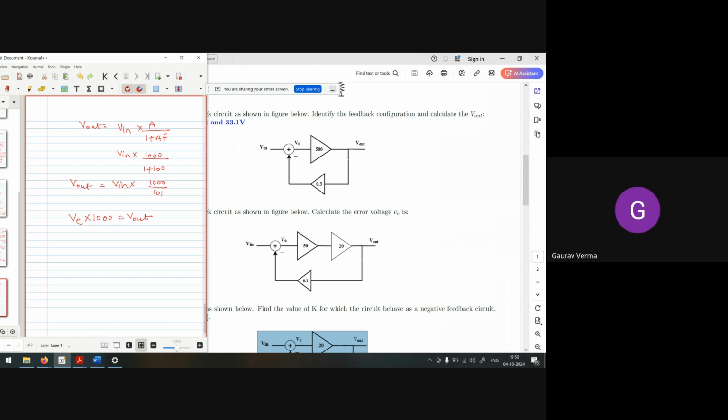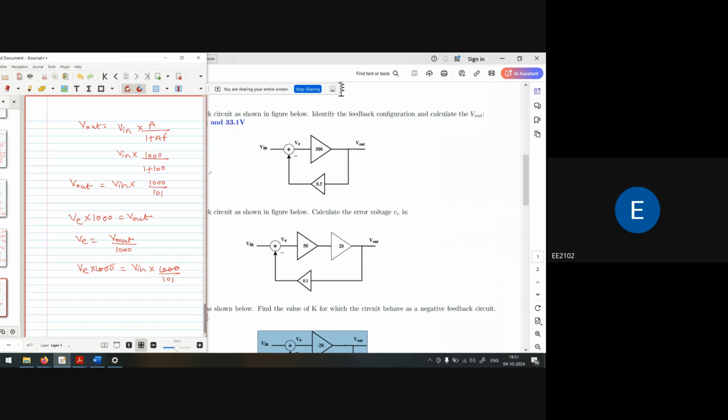So what is the value of VE? VE is V out divided by 1000. Now if I put the value of V out here, VE into 1000 is equal to V in into 1000 upon 101.